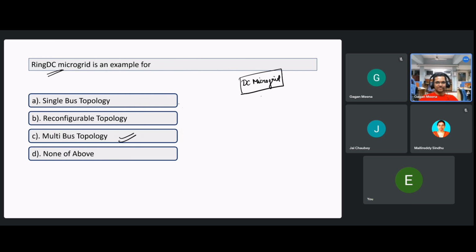So here we have the single bus, multi-bus, and then we have reconfigurable. Ring falls in this, no? Ring will come in this reconfigurable.